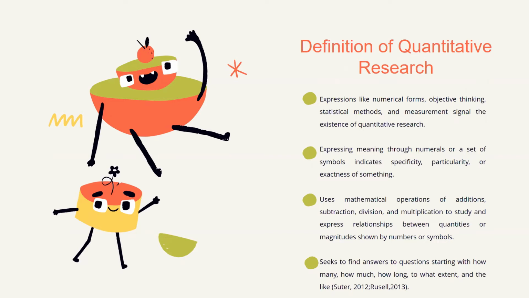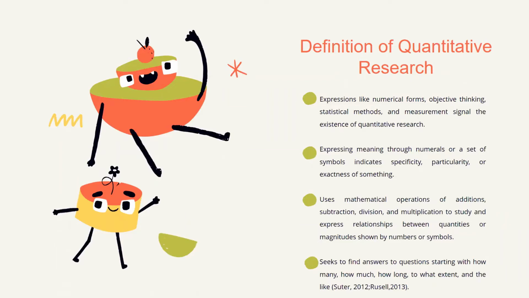Quantitative research is expressed in numerical forms, objective thinking, statistical methods, and measurement signal the existence of quantitative research, and it also expresses the meaning through numerals or a set of symbols that indicates specificity, particularity, or exactness of something.